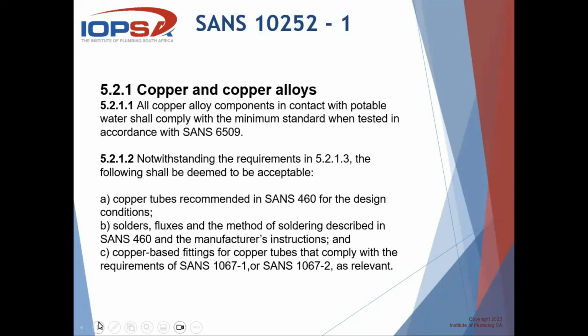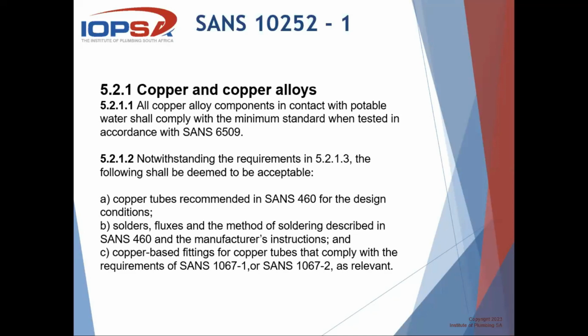Right. So if we move further down in 10252, specifically talking about copper and copper alloys, it says the copper alloy or copper alloy components in contact with potable water shall comply with the minimum standard when tested in accordance with SANS 6509. From my understanding, SANS 6509 talks about galvanic action, interaction in metals, and also chemicals in water.